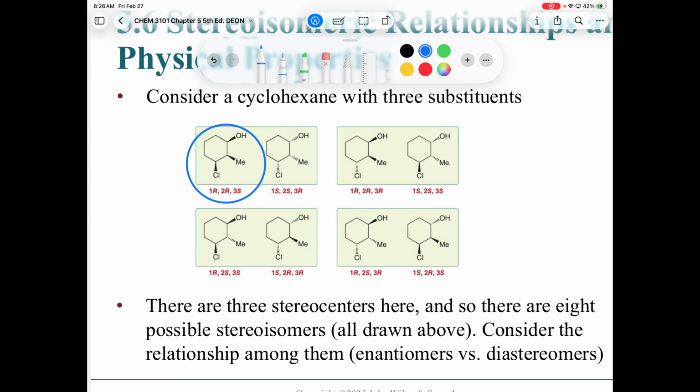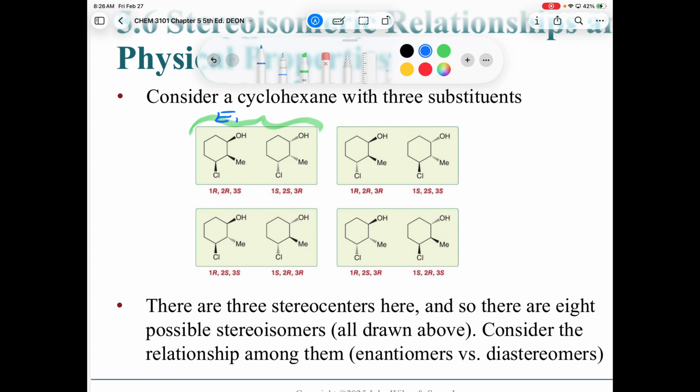Thus, we can see the relationship between these two compounds. What's the relationship between these two compounds? Go ahead, Ren, say it loud. Cis-trans. They're not cis-trans, because cis-trans has to have only 2 substituents. What would they be? I've changed every wedge to a dash, thus they must be enantiomers of each other. These are enantiomers. Good.